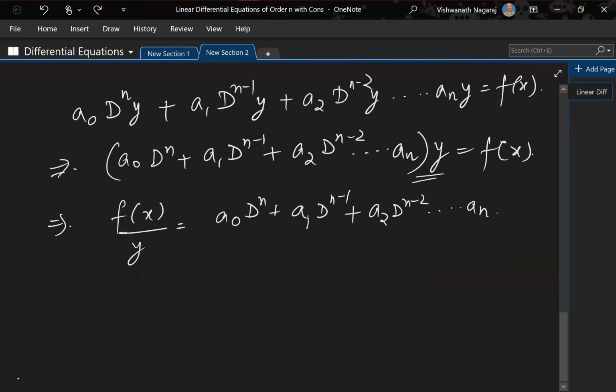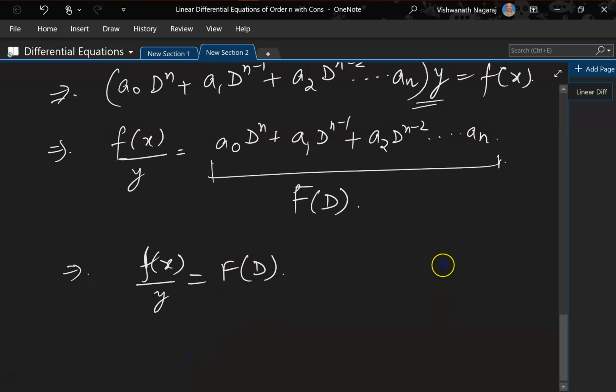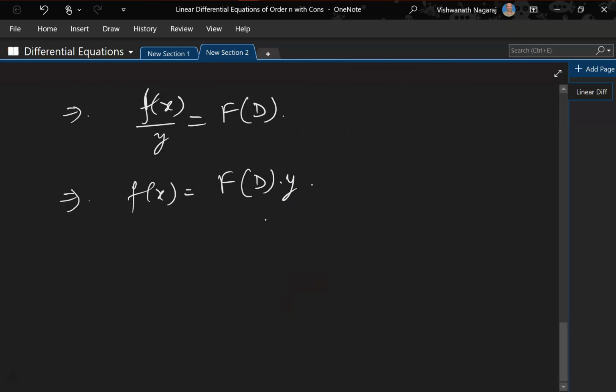Now this we can write as a function of D. So which means f of x by y is equal to capital F of D. Or we can say f of x is equal to capital F of D times y.